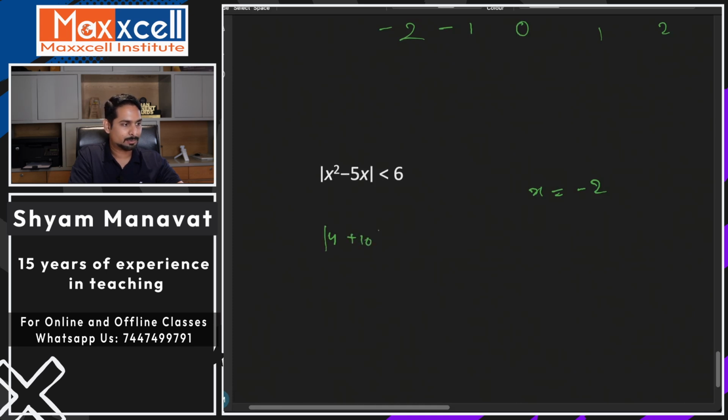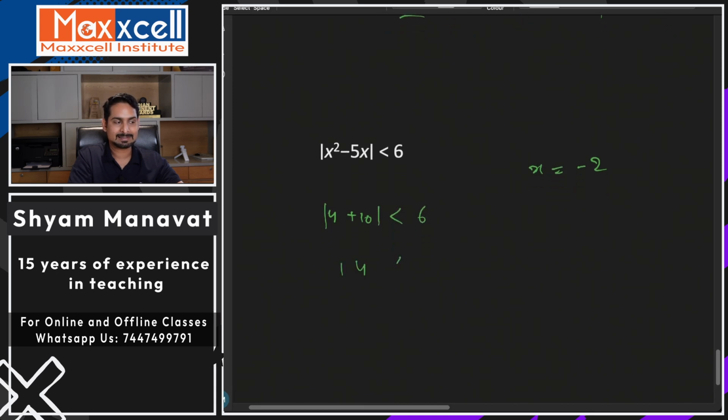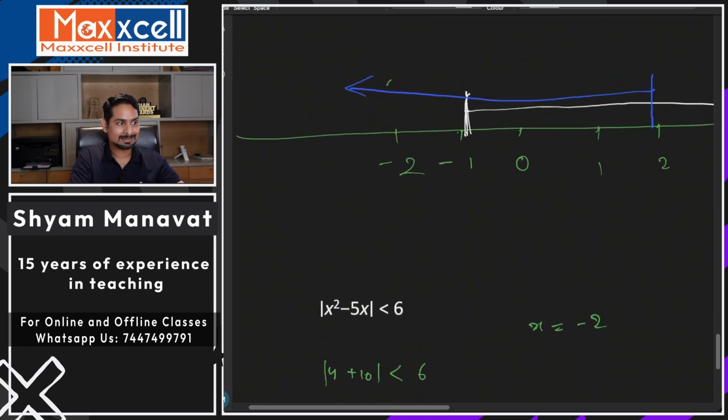That's how you get the modulus less than 6. You got 14 here. Is this less than 6? It's not less than 6. You getting it? This part, less than -1, is not working.